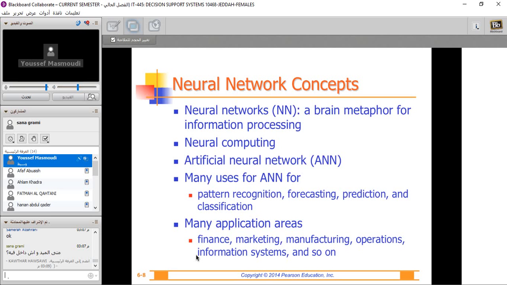So it's a neural computing. We call it artificial neural network. There are many uses for artificial neural network, for example, for pattern recognition, forecasting, prediction, and classification. And there are many application areas like finance, marketing, manufacturing, operations, information systems, and so on.